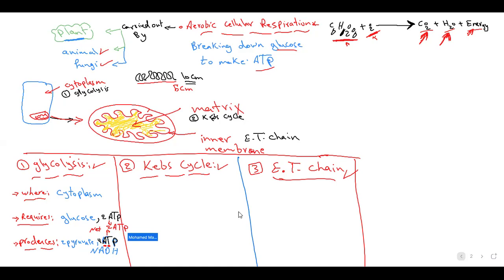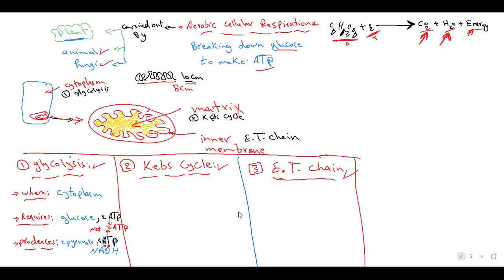Only 2 ATP. Why? It's like I want you to deliver something, okay? And you will get 100 reais. So you take a taxi, you pay 50 and you get 100. So you made 50 net profit, right?